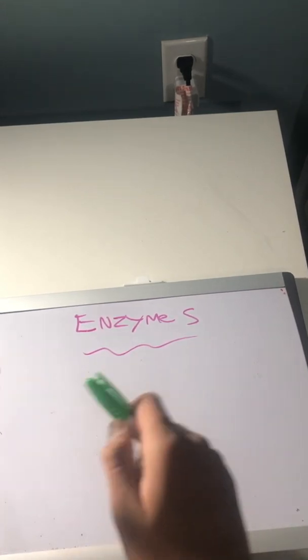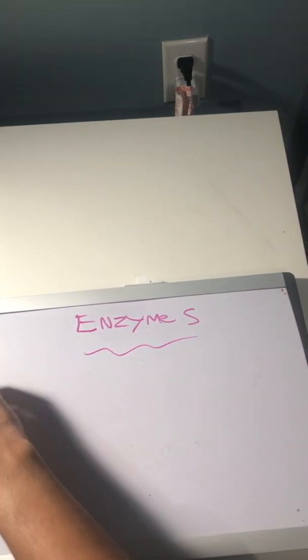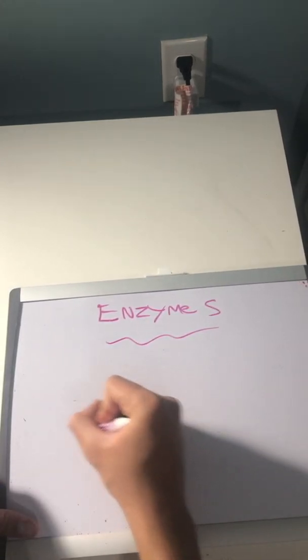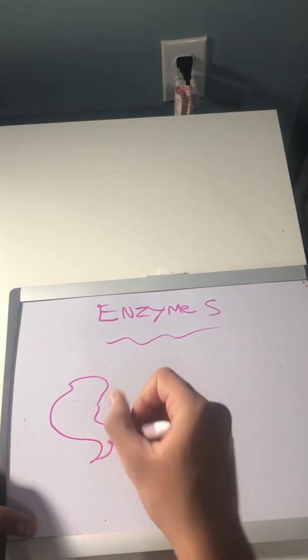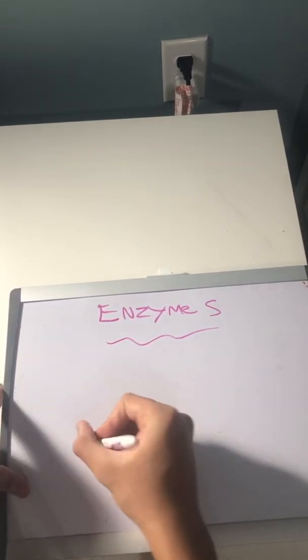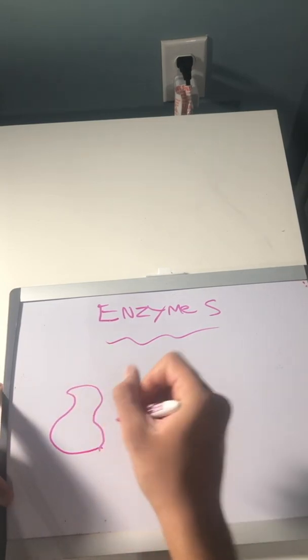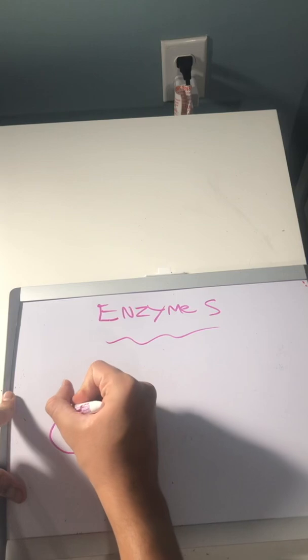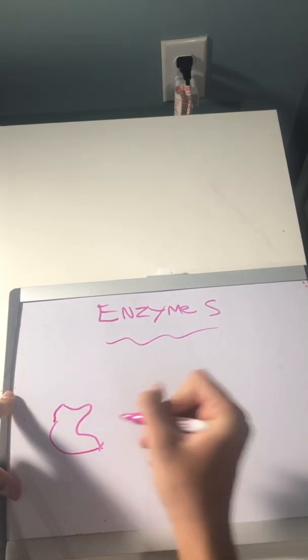So, firstly, coenzymes. Let's draw this out. For example, if this is the enzyme, oh my goodness, that's a horrible enzyme actually. My apologies. I don't know what I'm doing. Okay, much better.